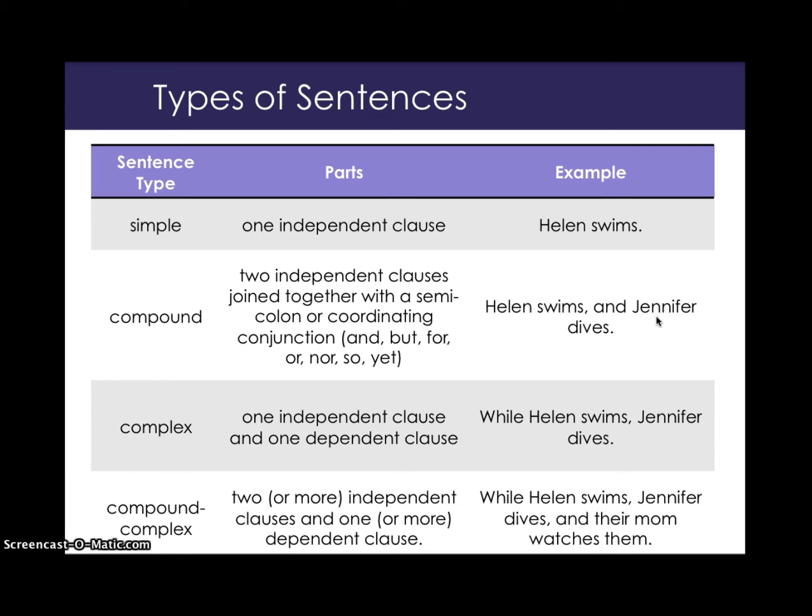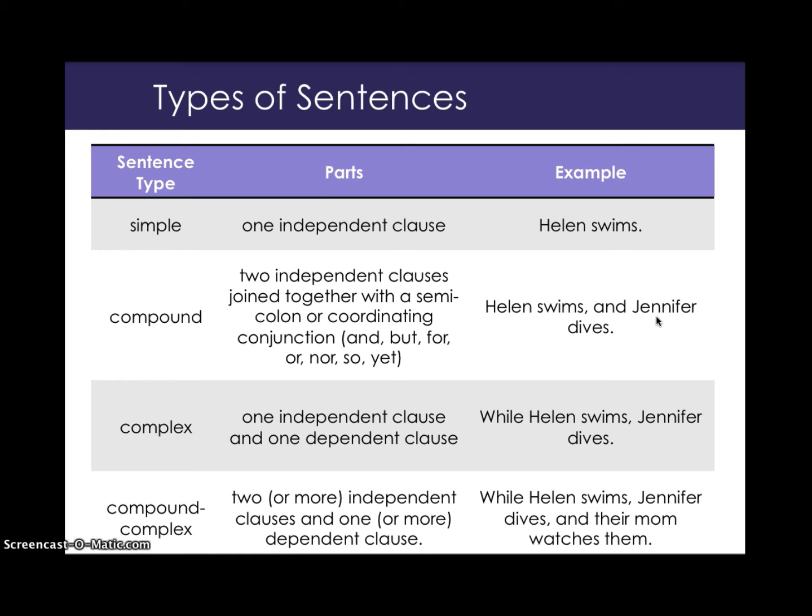And the last sentence type is compound complex, and basically that just combines the definitions of compound and complex sentences. So we have 2 or more independent clauses, and we have at least one dependent clause. So for a compound complex, we need to have at least 3 clauses. In the example, while Helen swims, Jennifer dives, and their mom watches them.